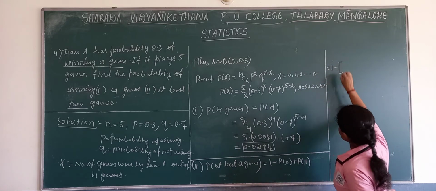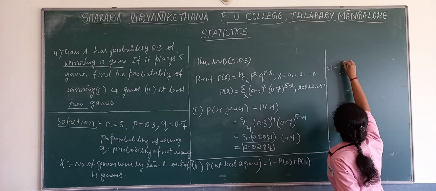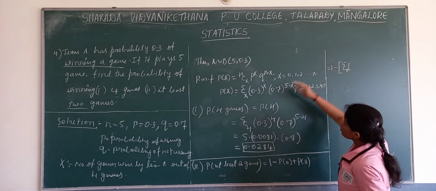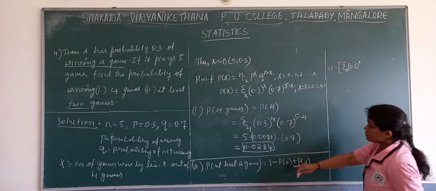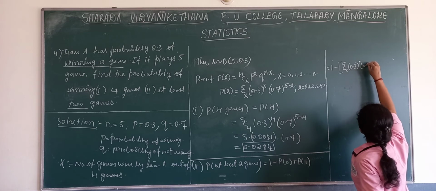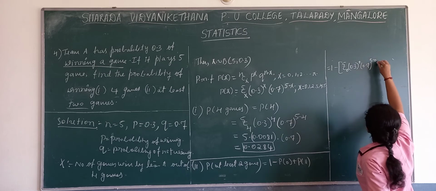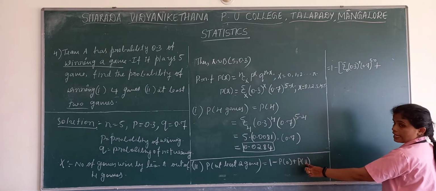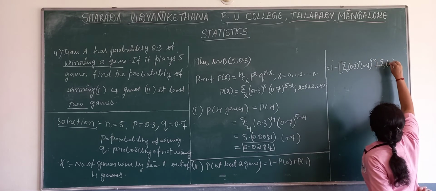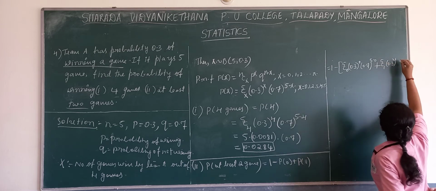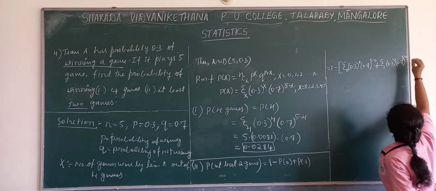1 minus, now you have to substitute 0 into this equation. 5c0 into 0.3 to the power x, here x is 0, then 0.7 to the power 5 minus x, so 5 minus 0, plus, now take x as 1. 5c1 into 0.3 to the power 1 and 0.7 to the power 5 minus 1.